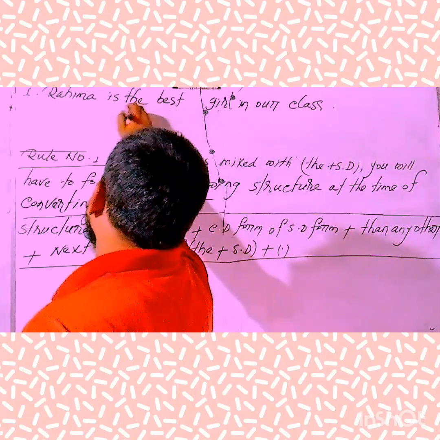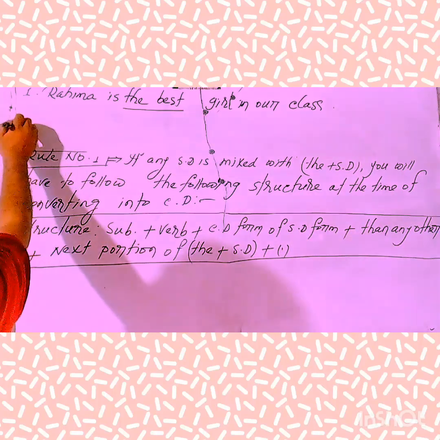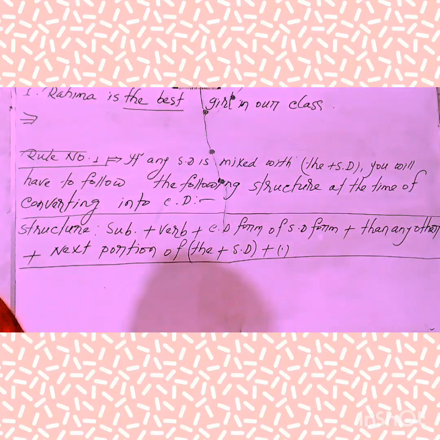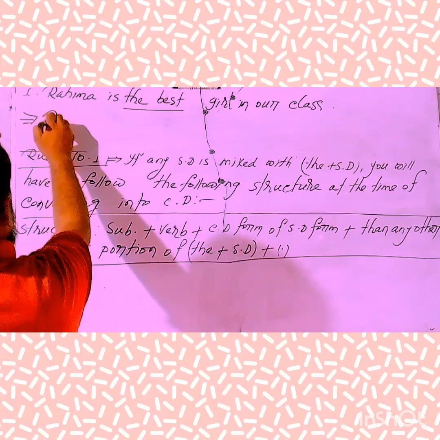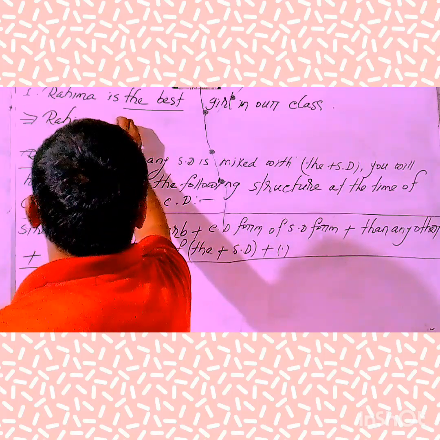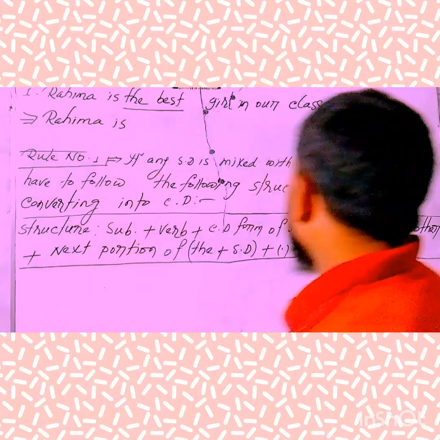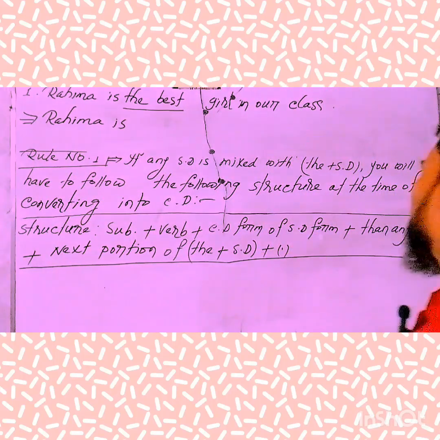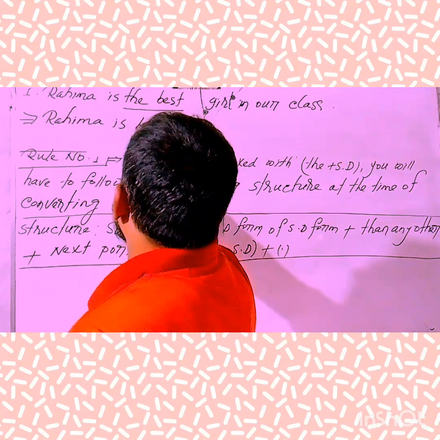Okay, my dear learners, underline the + superlative. Now try to use the structure pattern. At first, subject here, Rohima. Number two, verb. Number three, comparative degree form of the adjective. Okay, my dear learners, better.